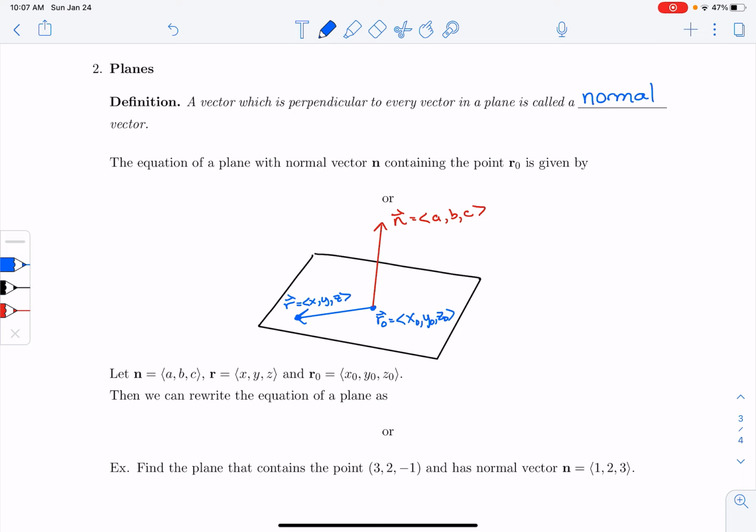And so we're going to define our plane by looking at all of the points that are going to be perpendicular to that normal vector. So we're going to think of our plane as being all of the vectors that go from R0 to R that are perpendicular to the normal vector n.